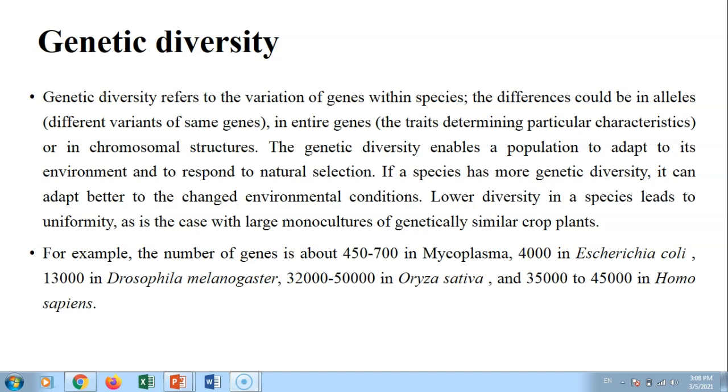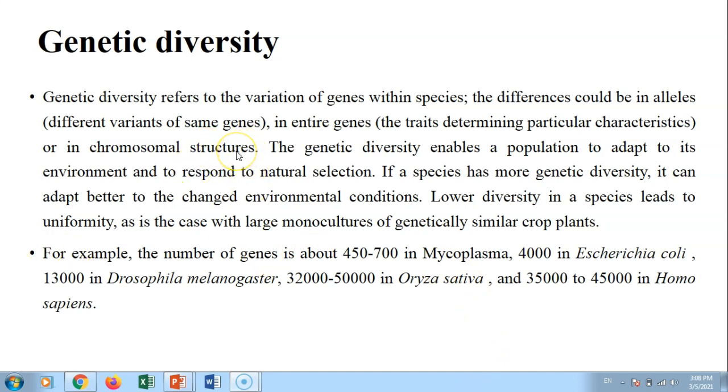So let's read it again. Genetic diversity refers to the variation of genes within species. The differences could be in alleles, different variants of the same genes, in entire genes, the traits determining particular characteristics, or in chromosomal structure.